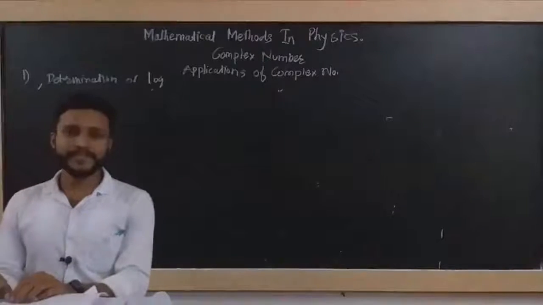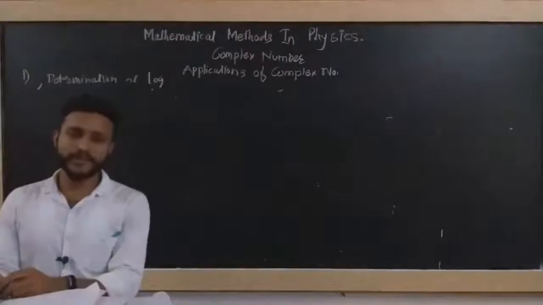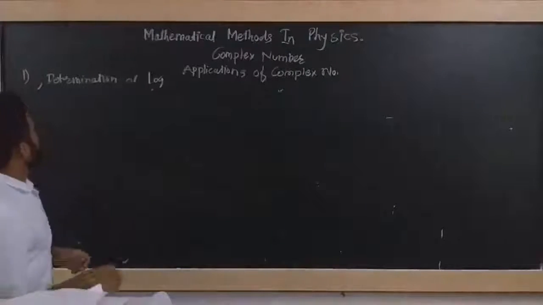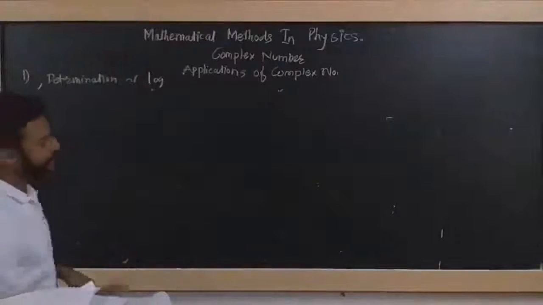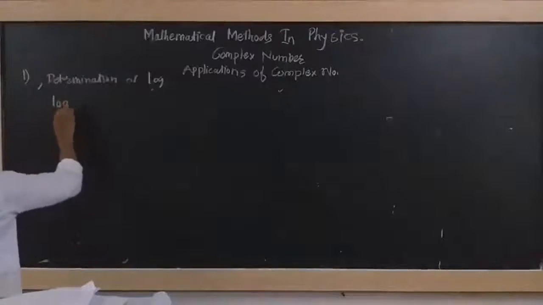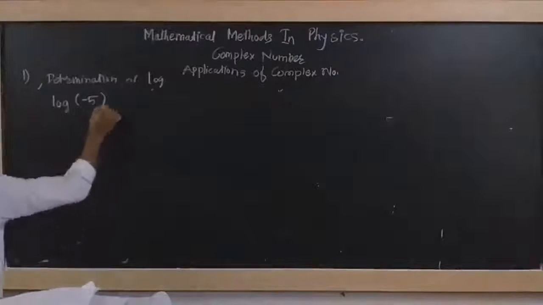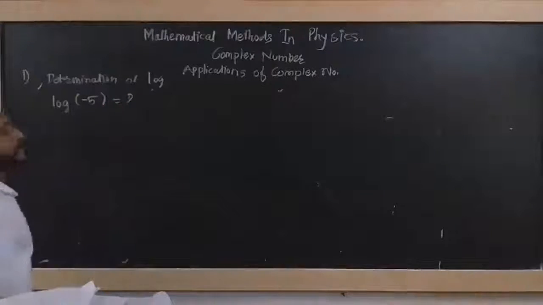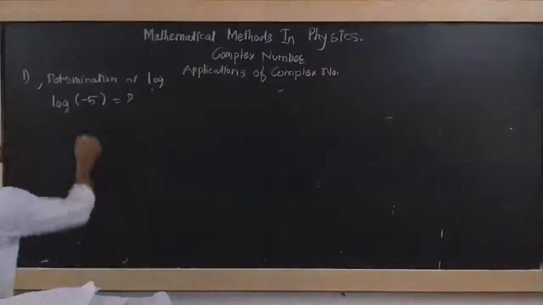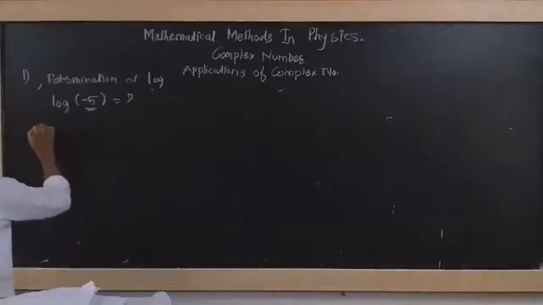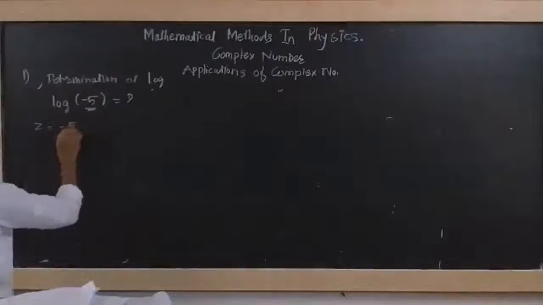Now the next category is to determine the logarithm of a complex number. So the problem is: find the value of log of minus 5. First write down the given complex number, z is equal to minus 5.